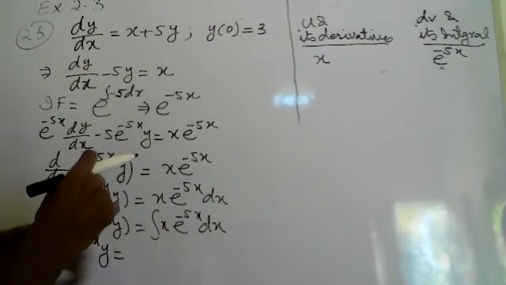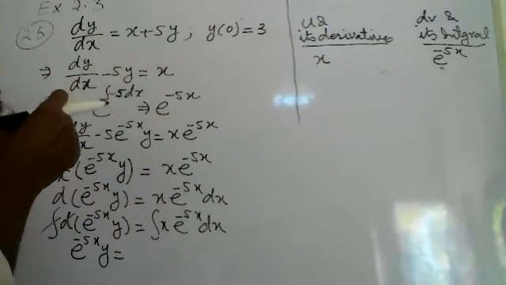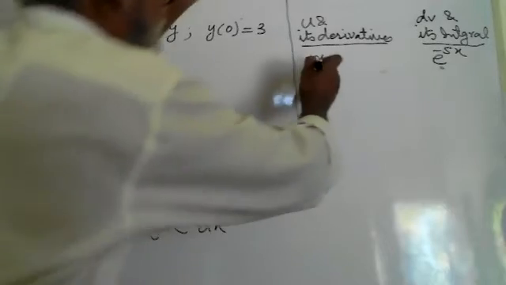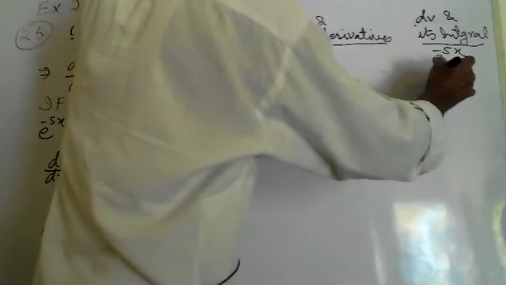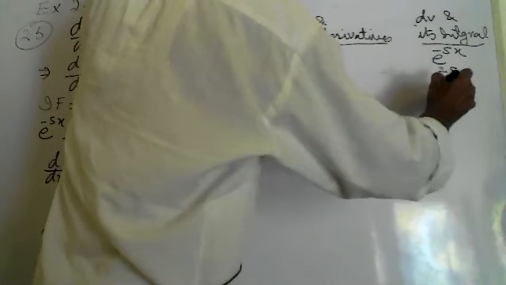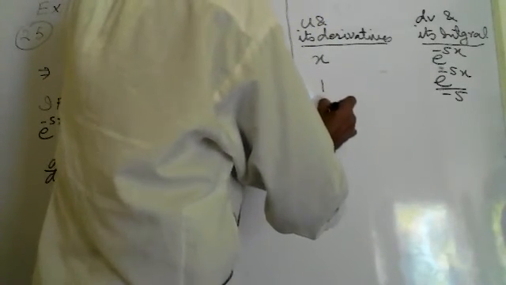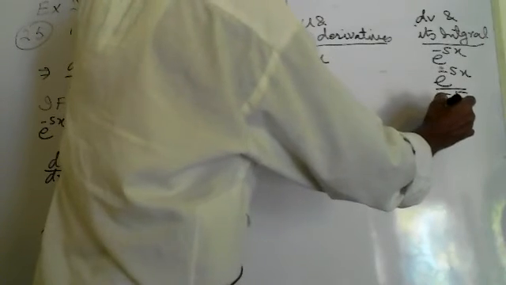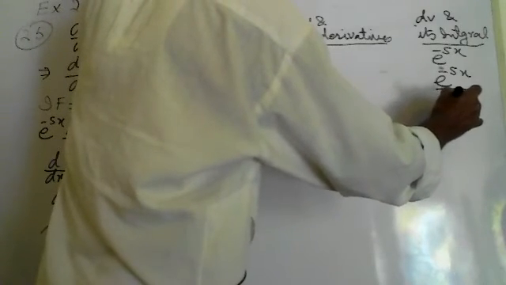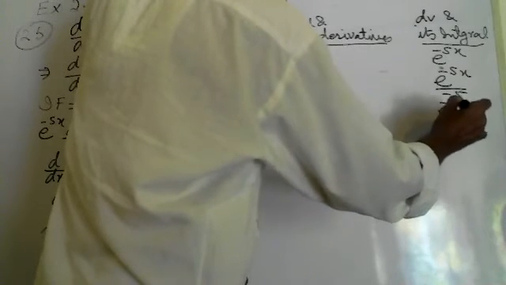This is u, this is v. Its derivative will be 1. Its integral is e raised to power minus 5x upon minus 5. Now its derivative will be 0. Its integral will be e raised to power minus 5x upon minus 5 into minus 5.